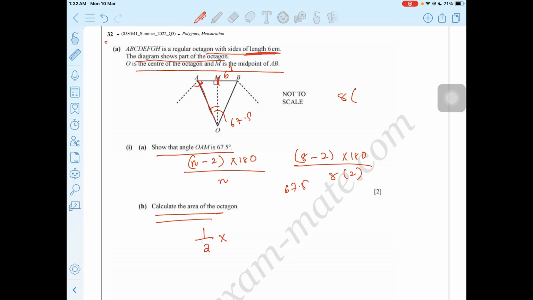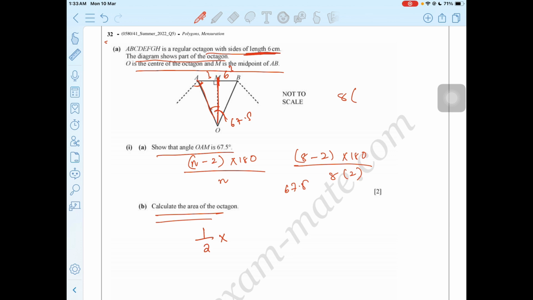right? So can we calculate something as OA or something? So this would be 67.5, and then can we calculate something by using this height? We have 3, we have this angle as 67.5. Can we calculate?